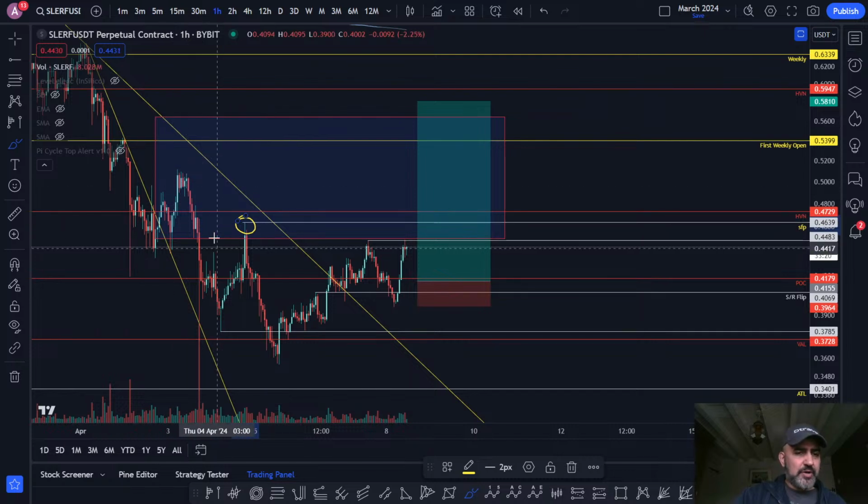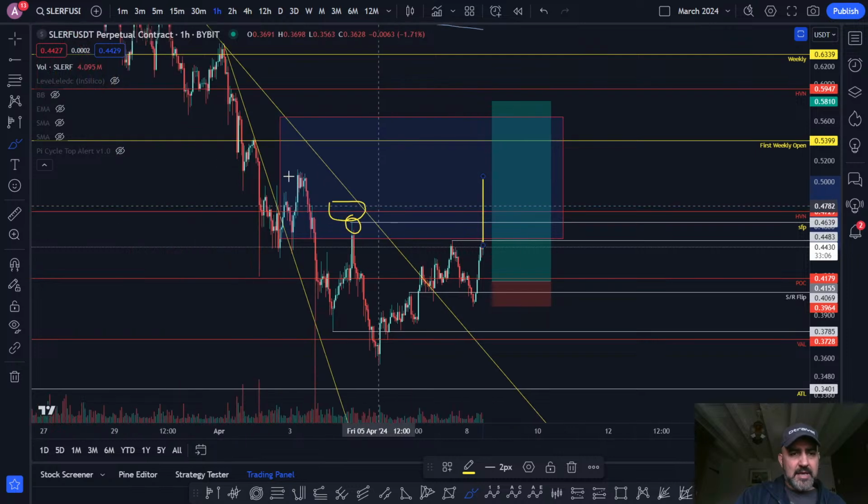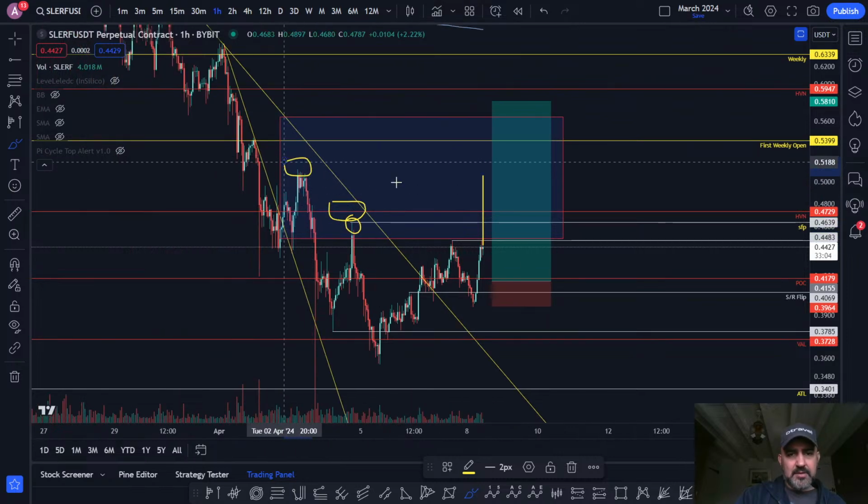So if you're in a short and you're trailing your stop, that's where you're going to have your liquidity at market. So you have higher market buyers there. And what we need to do is squeeze that liquidity. And then the next one is going to be up here. We want to squeeze that liquidity, and let's see how far we can get.